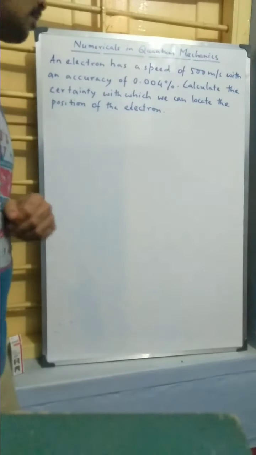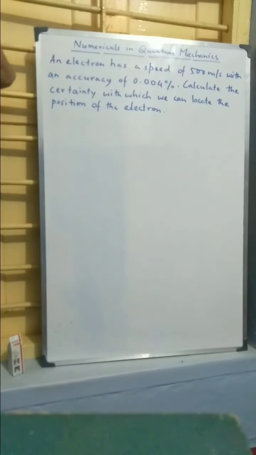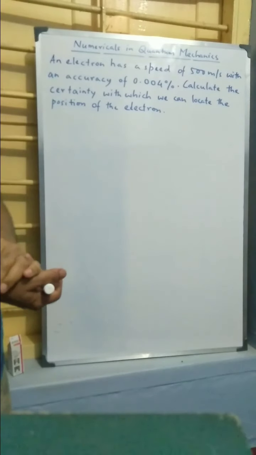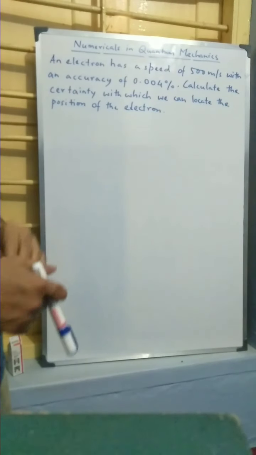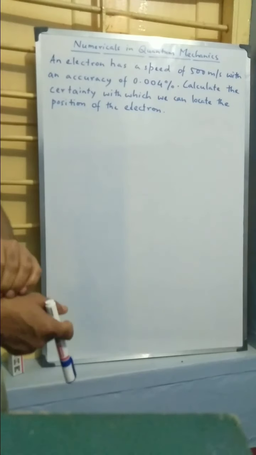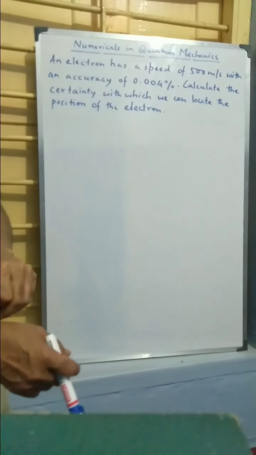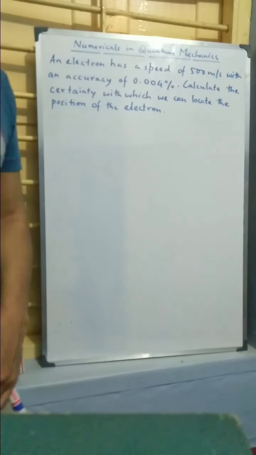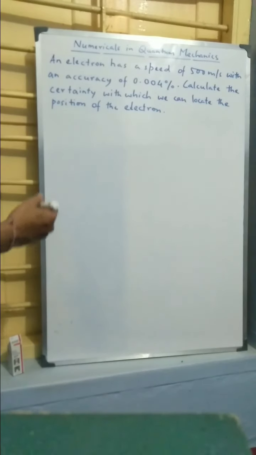This is a problem on an electron having a speed of the order of 500 meter per second with an accuracy of 0.004%. We need to use the uncertainty principle in order to calculate the certainty with which we can locate the position of the electron. So what is the momentum?